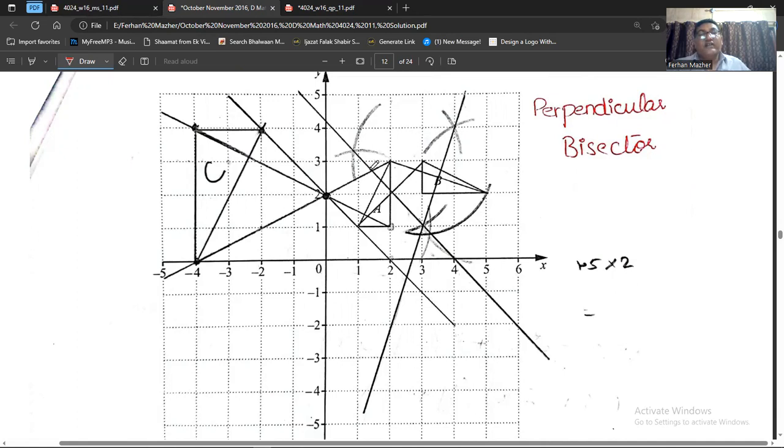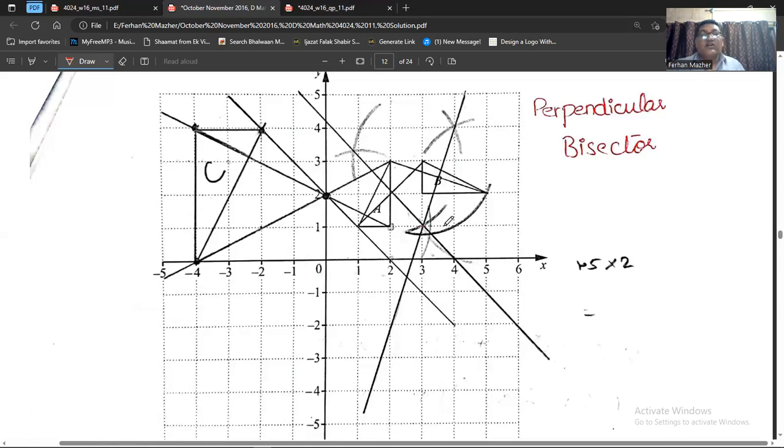Then I join this point with this point. From here, I open the compass, mark an arc here, mark an arc here. Then I put my compass needle here, mark an arc here, mark an arc here. So I join these points, and this is the perpendicular bisector of the line. So where these two perpendicular bisectors intersect, that is the center of rotation.